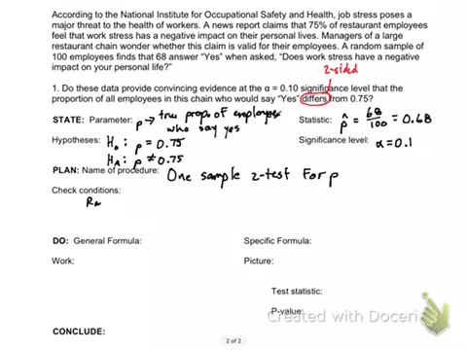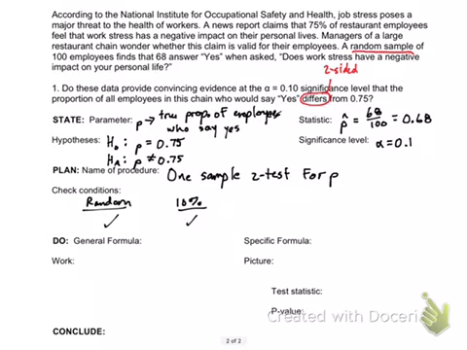Conditions, random. Let's read, did it say that they randomly selected their employees? There it is, right there, a random sample. So yeah, we've got that. Is the 10% condition met? Well, let's read the prompt. It says a large restaurant chain and a random sample of 100 employees. If it's a large restaurant chain, I think it's fair to say that yes, we've met that condition as well.